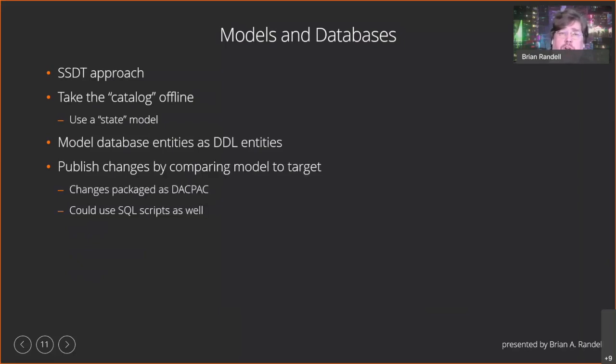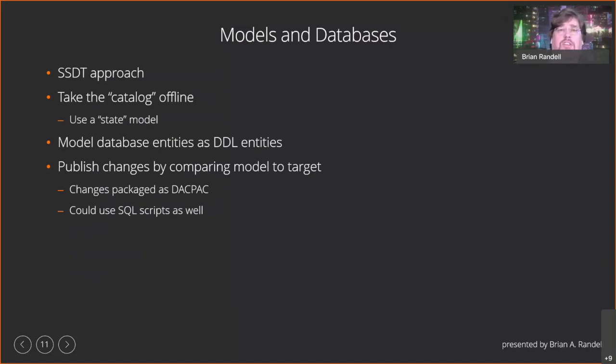Now, the way SSDT works is you have a project inside Visual Studio with all of these files organized as you see fit. And then you publish your changes by comparing that model to your target. If the target doesn't have the database at all, then it has to create everything. On the other hand, if it sees that there are existing objects, it will go through and build an in-memory diff of the target and the model to figure out what changes need to happen.